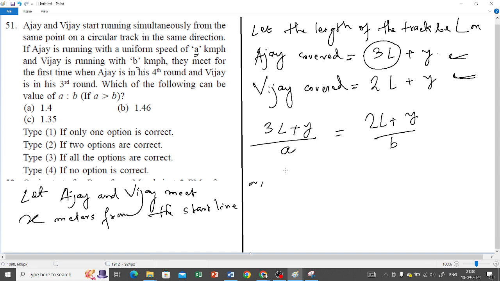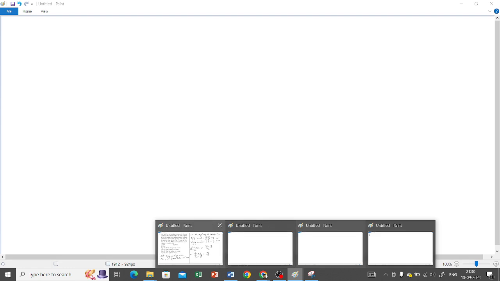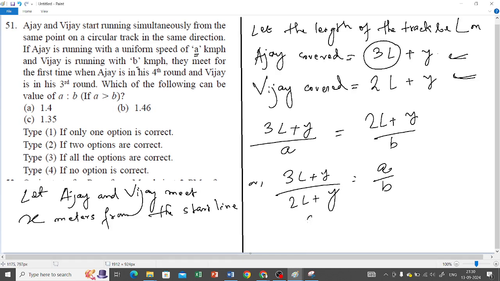Right? So this gives A by B. This is what we have. And what is 3L plus Y? It is 2L plus Y plus L, I can write down.